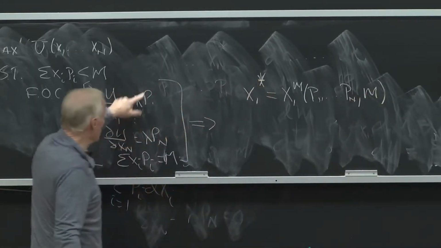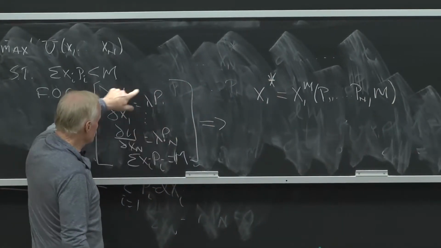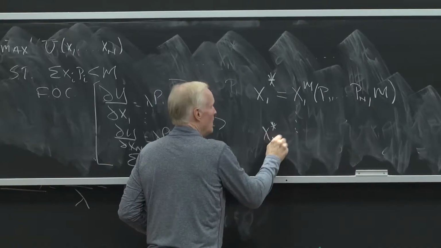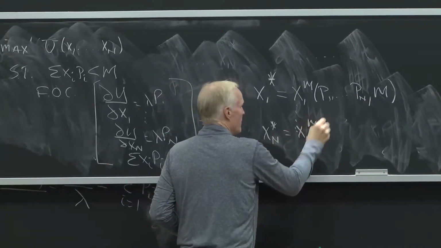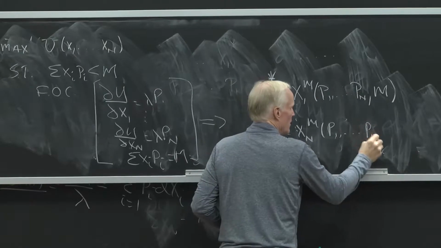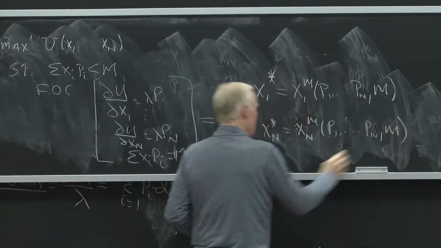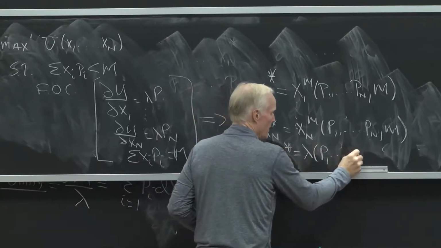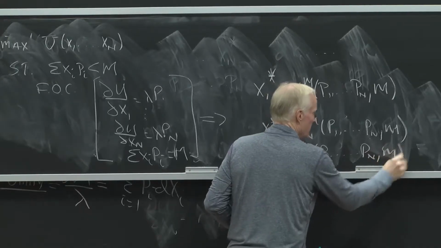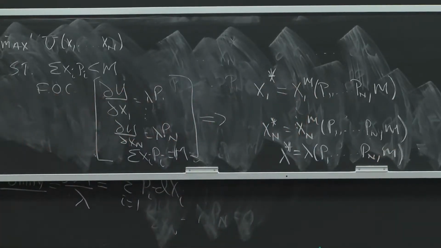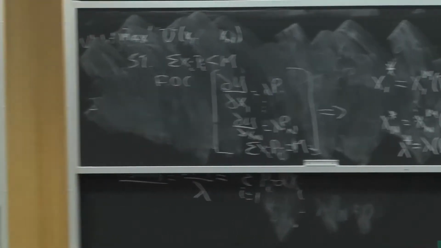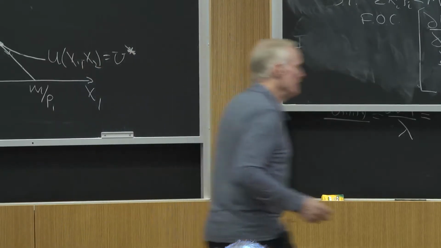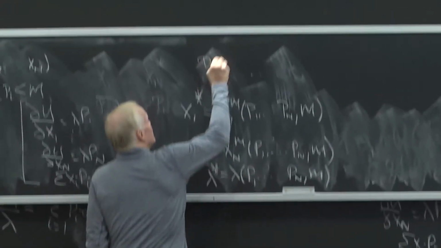That is, if I tell you p1 up to pn and m, you can solve this equation for the optimal choice, and lambda star equals lambda of p1 up to pn and m. Okay? So those are the results of solving those first order conditions. This is what's called the demand equations.